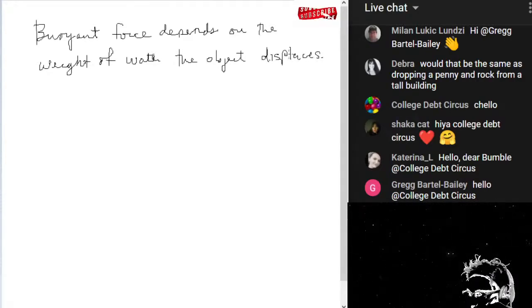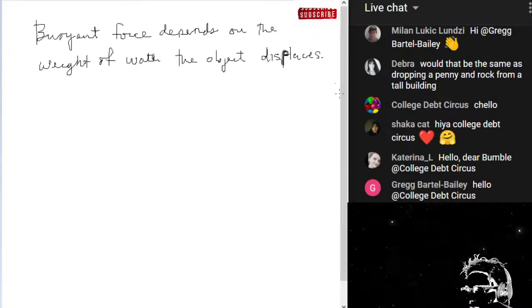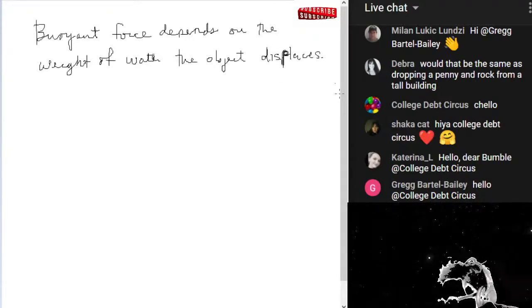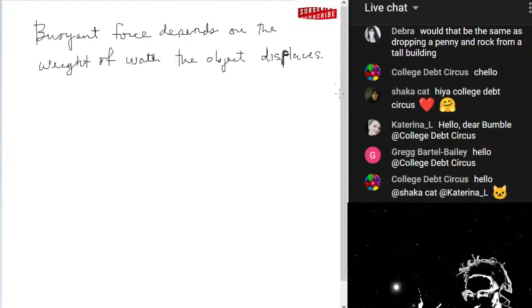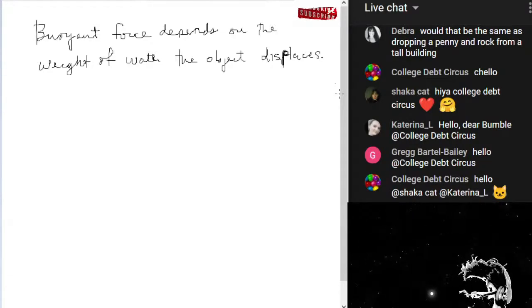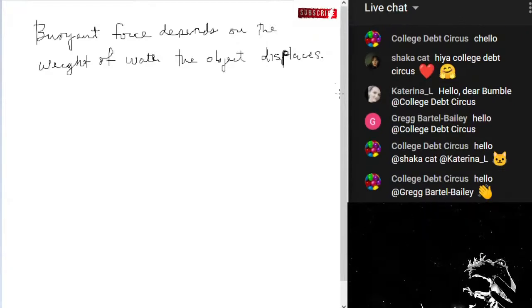This is a difficult concept. Students at school have a hell of a time understanding this concept. Buoyant force is the force that the fluid, the water, pushes up on something with.